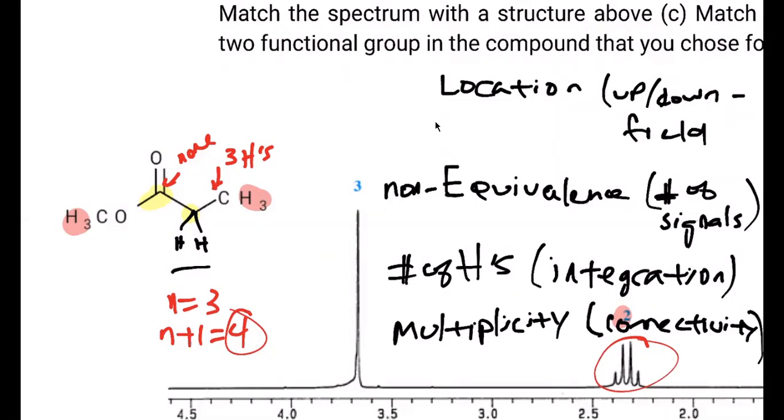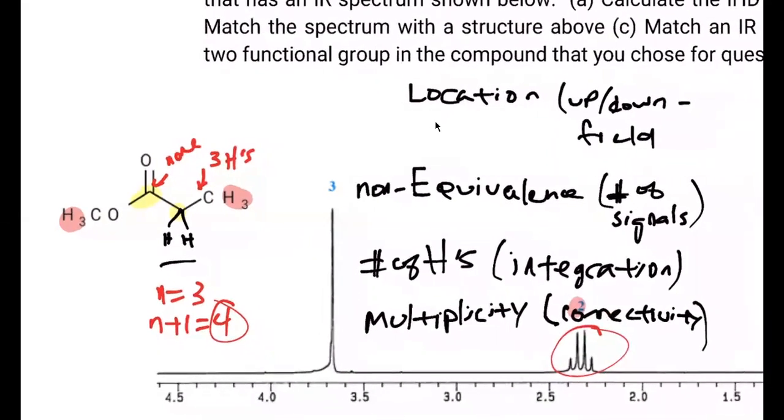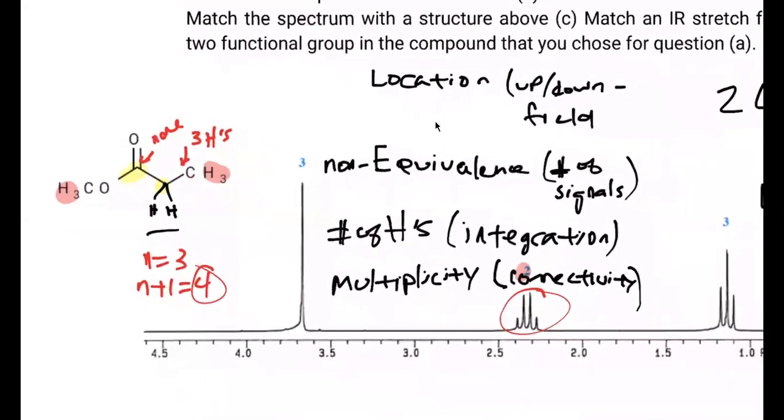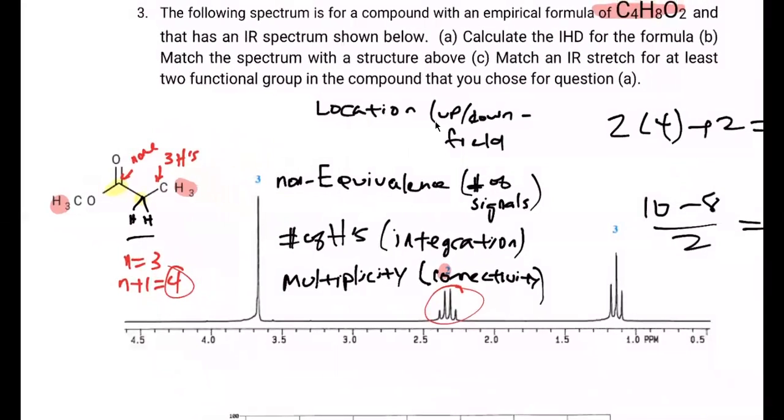What about the other signal at 3.7? What do you think? You can see the integration is 3, so it's got to be one of the CH3s. But would it be the one that's upfield?